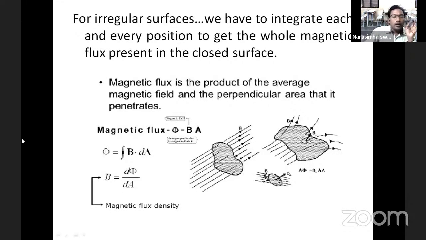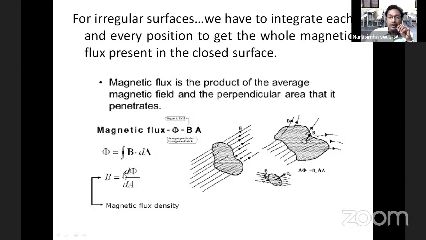From this you can take out the B value to get the magnetic field density. The density that you know is the mass per unit volume. Here mass is nothing but the number of magnetic lines of force coming per unit area. So B is equal to dΦ by dA.